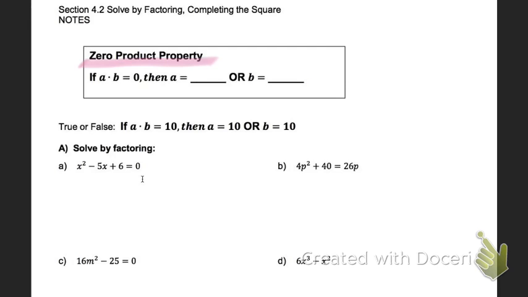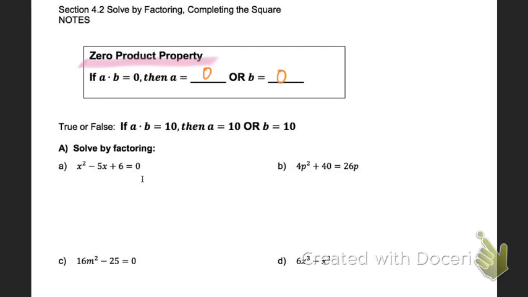So what that means is when you start graphing, most of the things we've seen are parabolas, right? Or x squared. And when you start graphing them, zero product property just means where it hits the x-axis, or where the x-intercept is. So when you're setting it equal to 0, you're solving. If a times b equals 0, then a equals 0 or b equals 0.